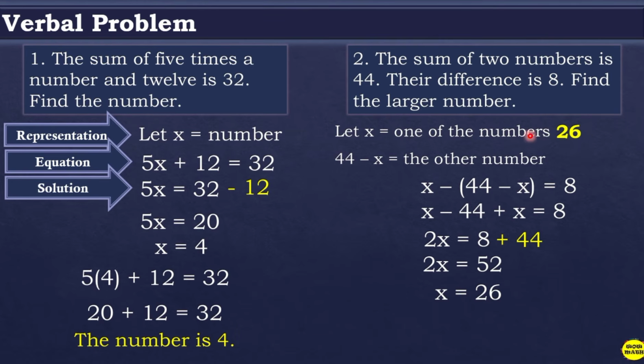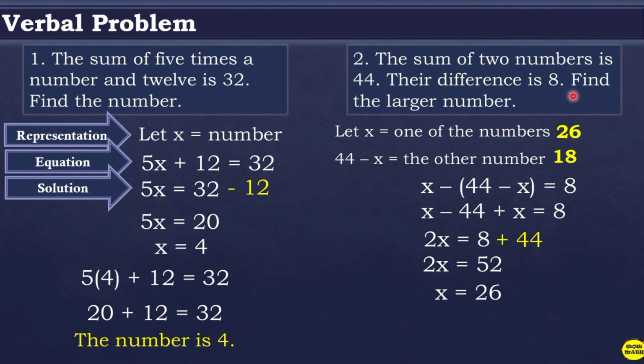Now, nakuha natin yung x, so ito ay 26. 44 minus 26 is 18. Okay? So, based dito sa ating representation, we have the two numbers, 26 and 18. Pag inadd natin to, ang result is 44. So, nag-satisfy siya dun sa condition ng ating problem.